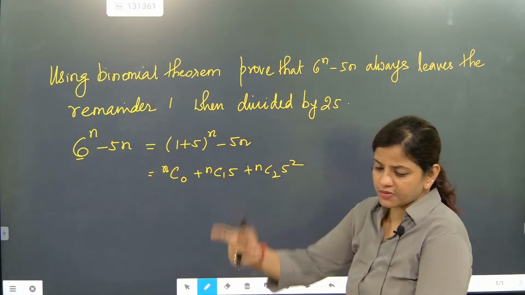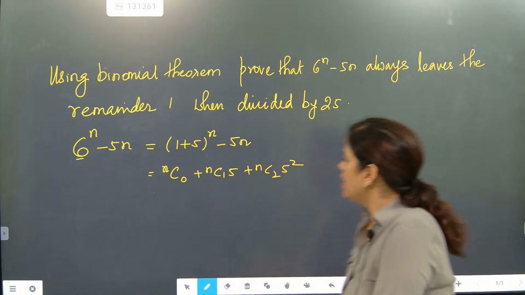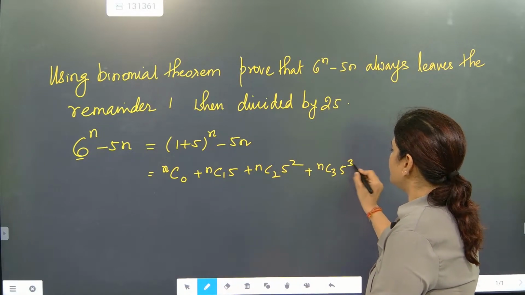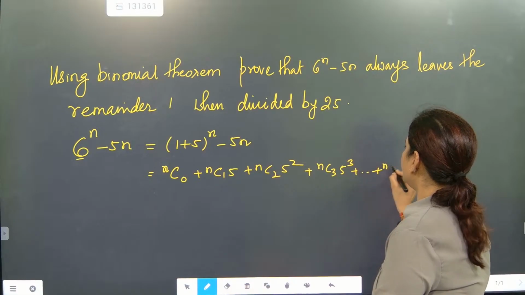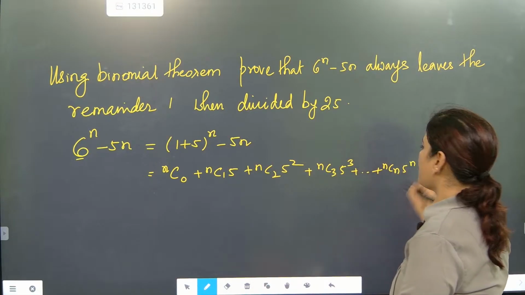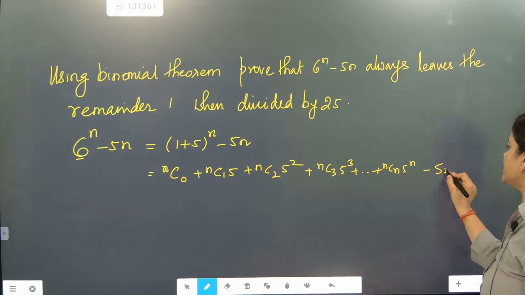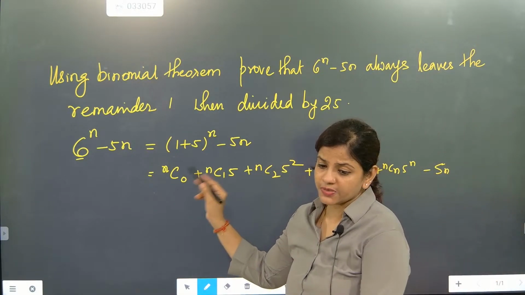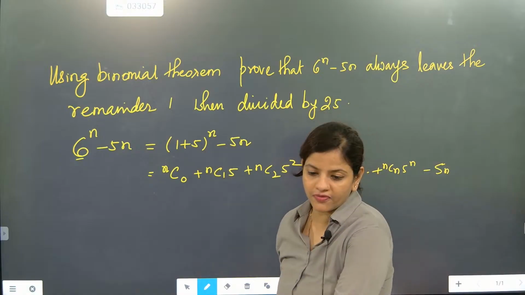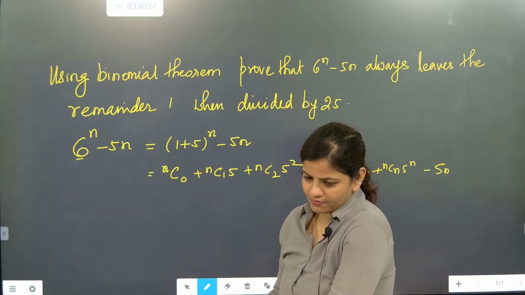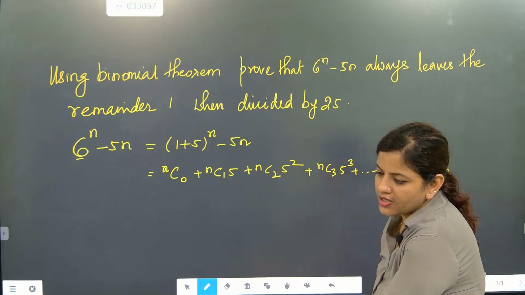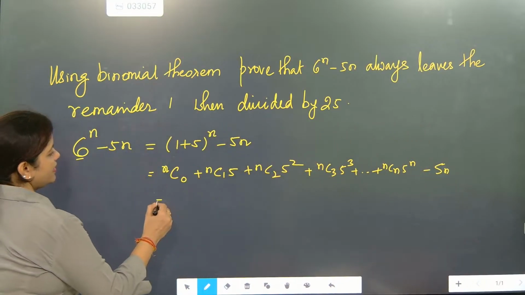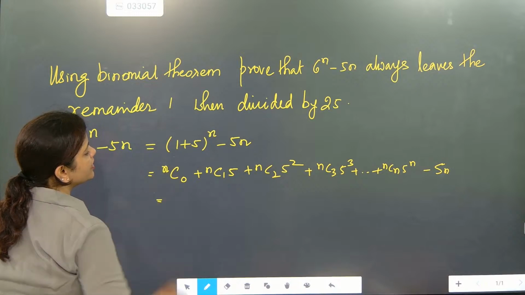Just before some time I taught you the expansion theory and in that I discussed this one. nC3 times 5 to the power 3, till nCn times 5 to the power n, and minus 5n is there. What theorem have I used here? I have used the expansion of 1 plus x to the power n, which goes like this only. Very good. So here nC0 will give you what? 1.